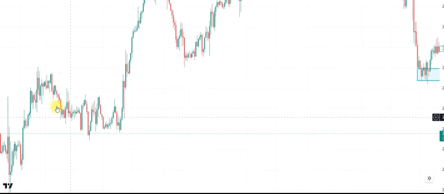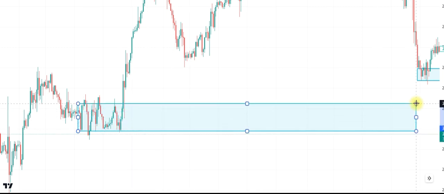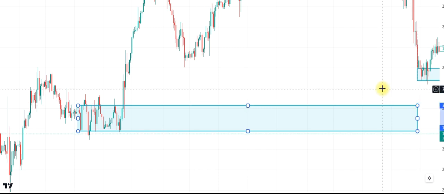So here I saw there is some momentum, and thereafter the market has taken a very good price action, a bullish momentum. It means the market has a demand and supply zone in this area. We have to mark our new demand and supply zone around here and extend it to the current price zone.